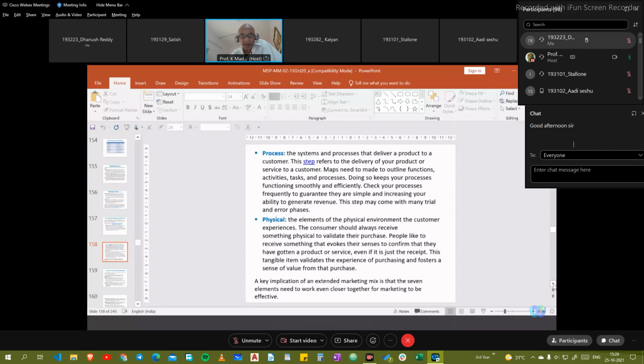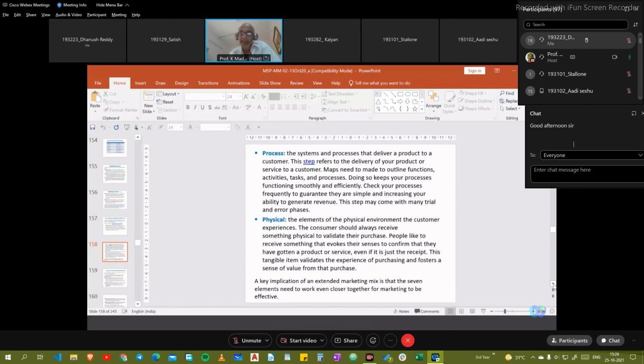So the key implication of such sort of extended marketing mix is that all these P's, whatever may be the number 4 or 7 or 9, whatever it is, we wish that we are focusing more closely on the parameters and factors that seem to be of vital importance to the customer and to the market for the product that we are dealing with.